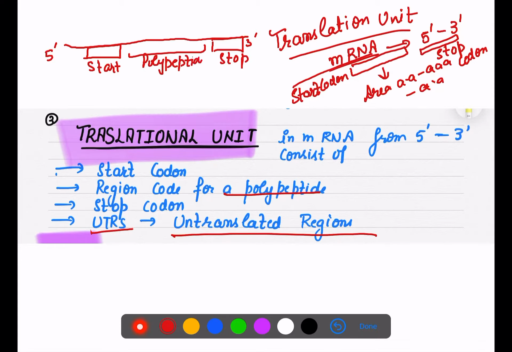Before the start codon and at the end of the stop codon, there are a few sequences or areas which are called untranslated regions. What are these?